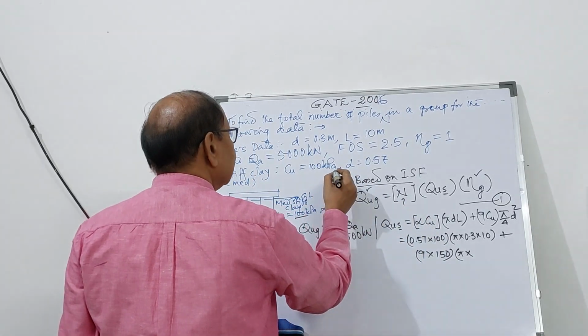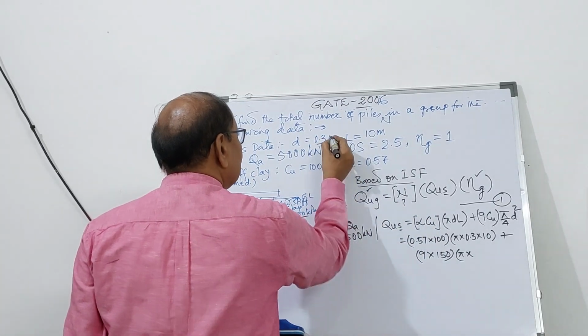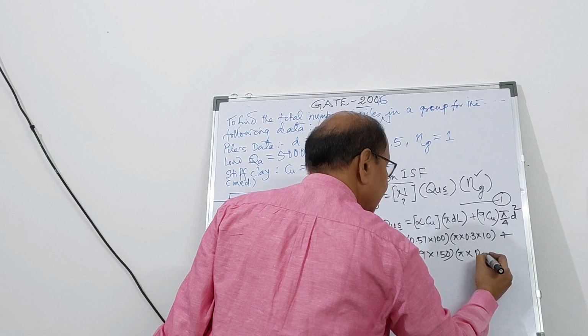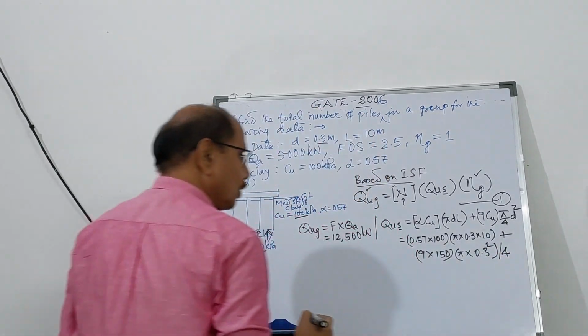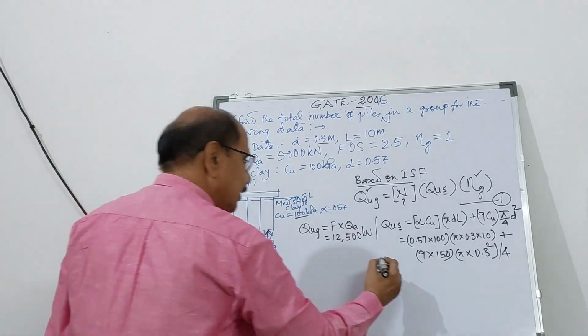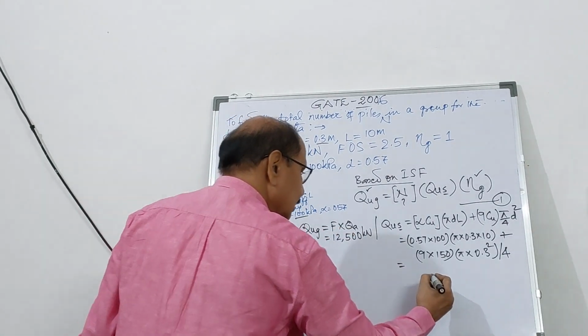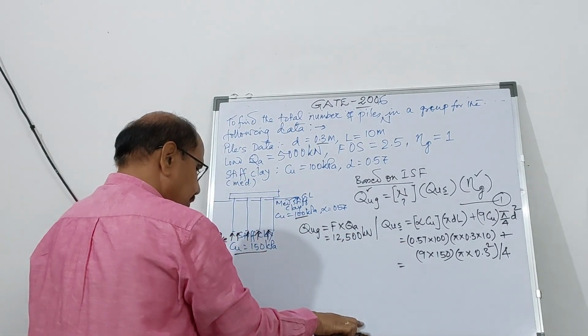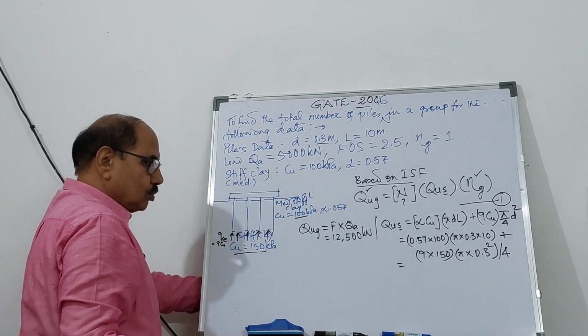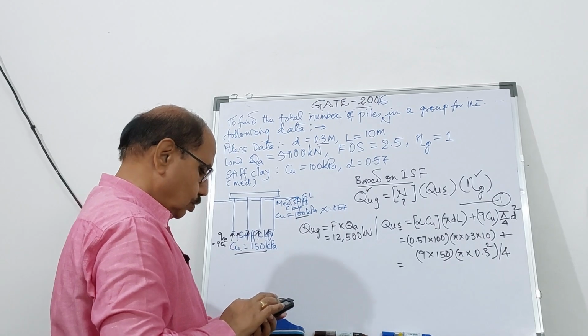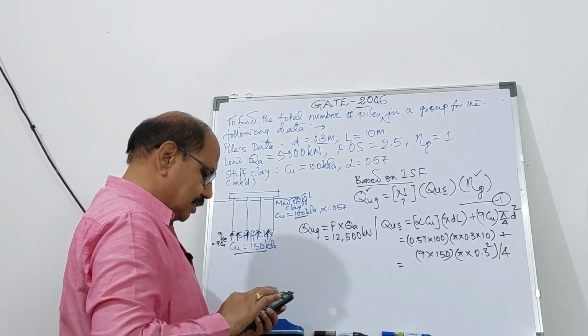The diameter is already given as 0.3 meter, so I will take 0.3 meter whole square divided by 4. So if I calculate this, I will be getting this value. So let me calculate.